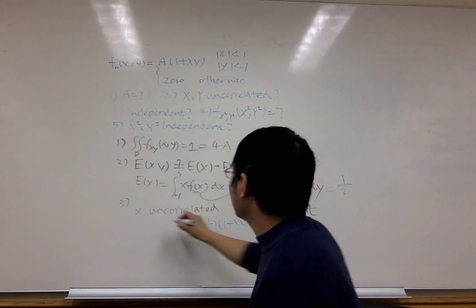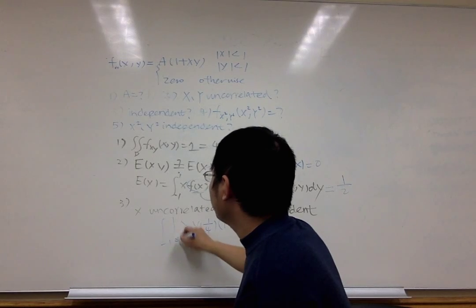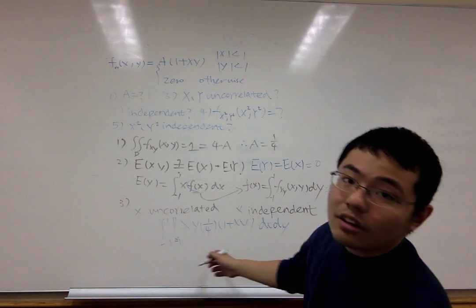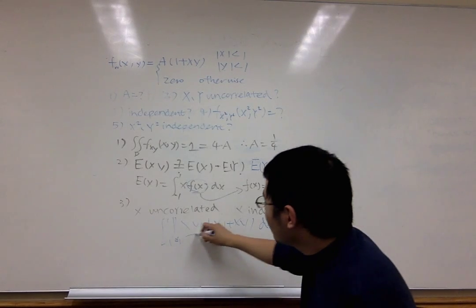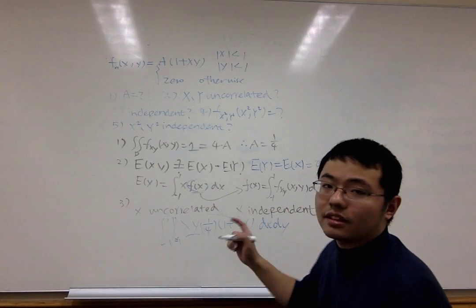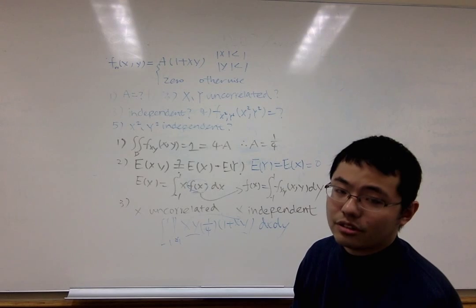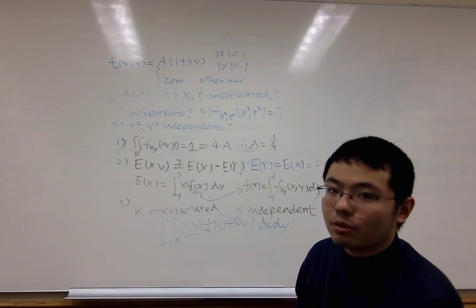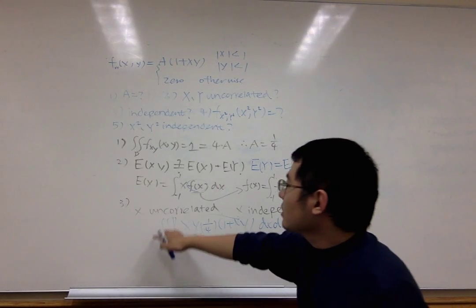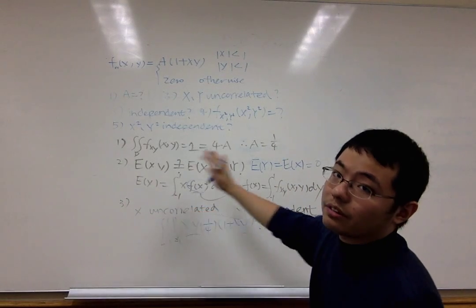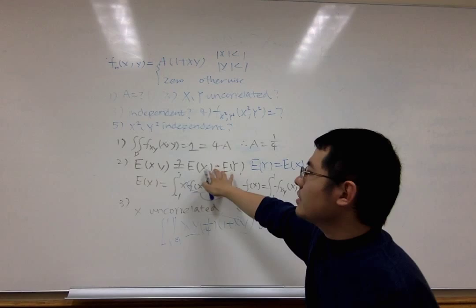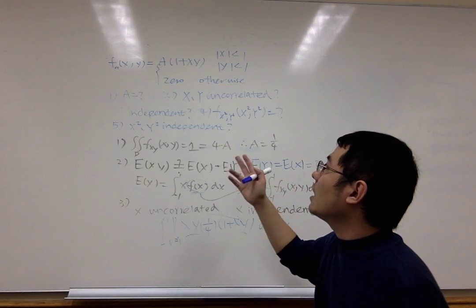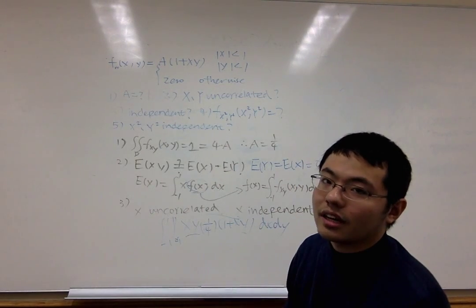It should look like this, but this is obviously a non-zero number, because you can see the second term is an even function with respect to both x and y. So the left side is non-zero while the right side is 0. So this doesn't hold. So x and y are not uncorrelated.